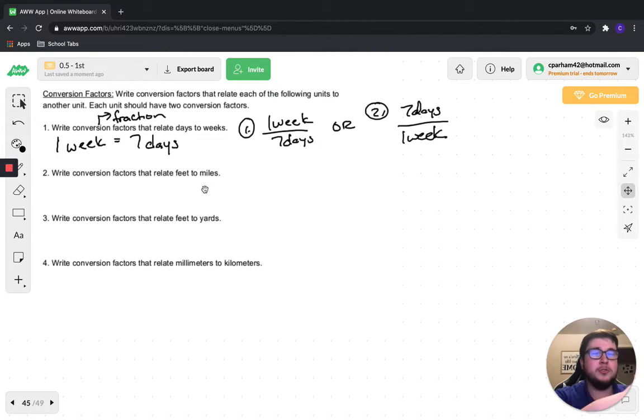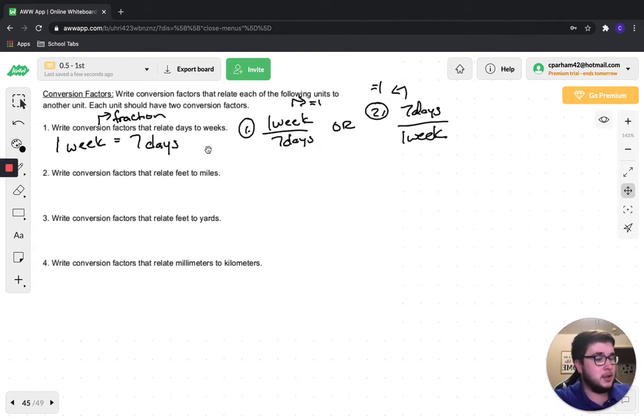Alright, so these are two conversion factors that represent the same unit of time. Both of these are equal to 1. Okay, both of those are equal to 1. So if I was doing a conversion between weeks and days, I might use one of those to multiply and convert my units, right? So next one says write conversion factors that relate feet to miles.